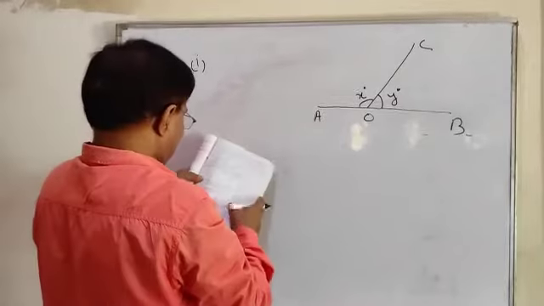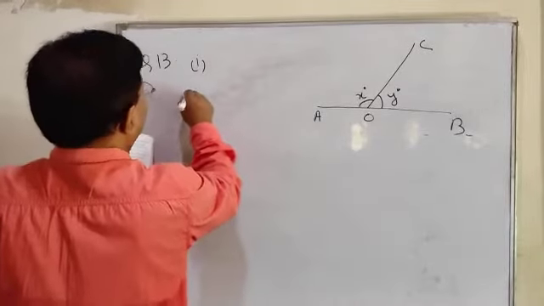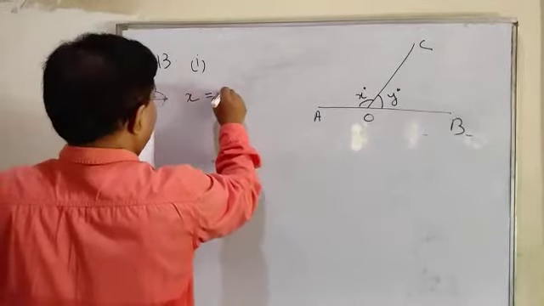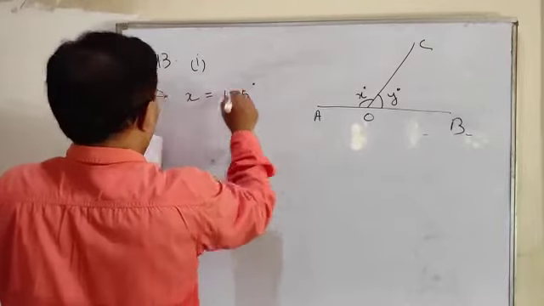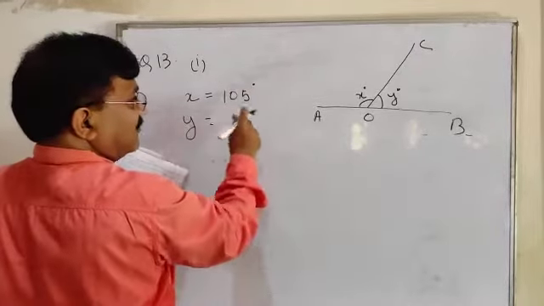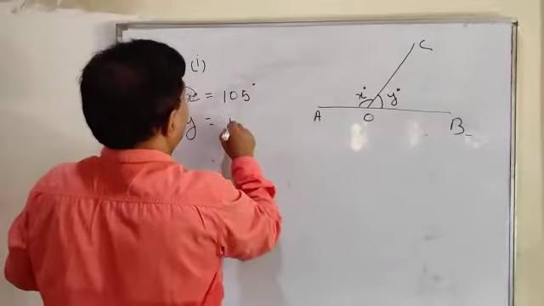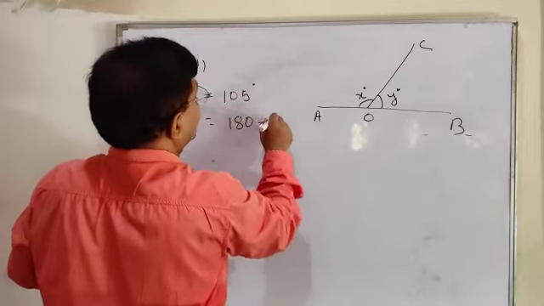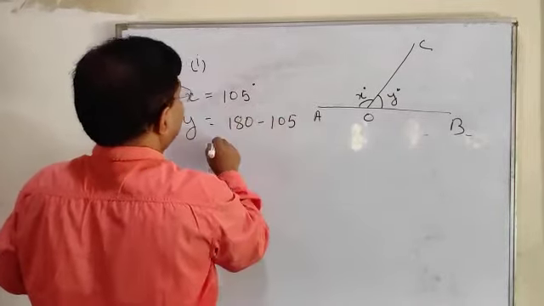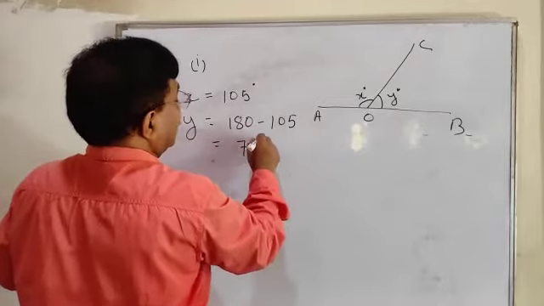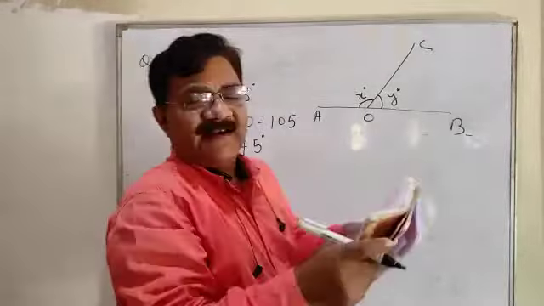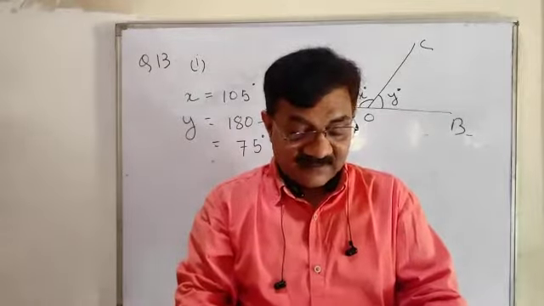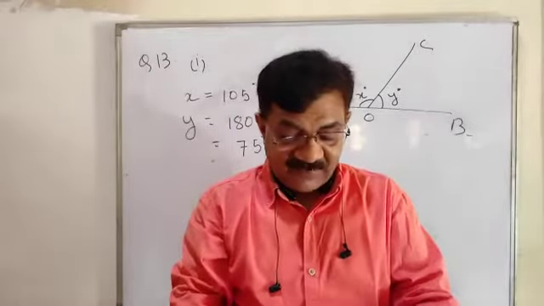Now our question is, if x is equal to 105 degrees, then what will be the value of y? The value of y will be 180 minus 105, meaning 75 degrees. So you can do it. Question number 13. Now question number 14.